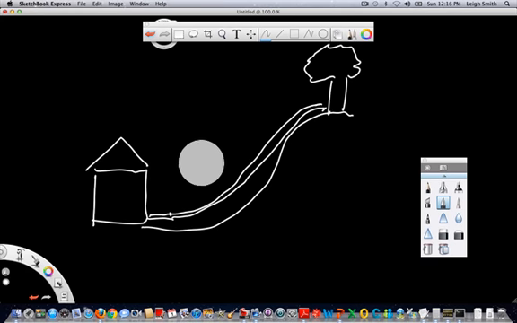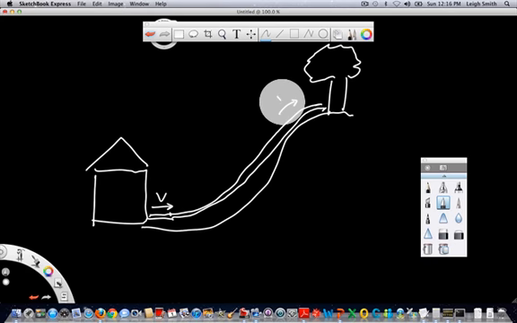I can't draw it, but the idea is that the diameter of the hose doesn't change. And the idea about continuity is that whatever the velocity is coming out of the house, because water is not compressible, the velocity everywhere in that hose is essentially constant because the cross-sectional area of the hose never changes.